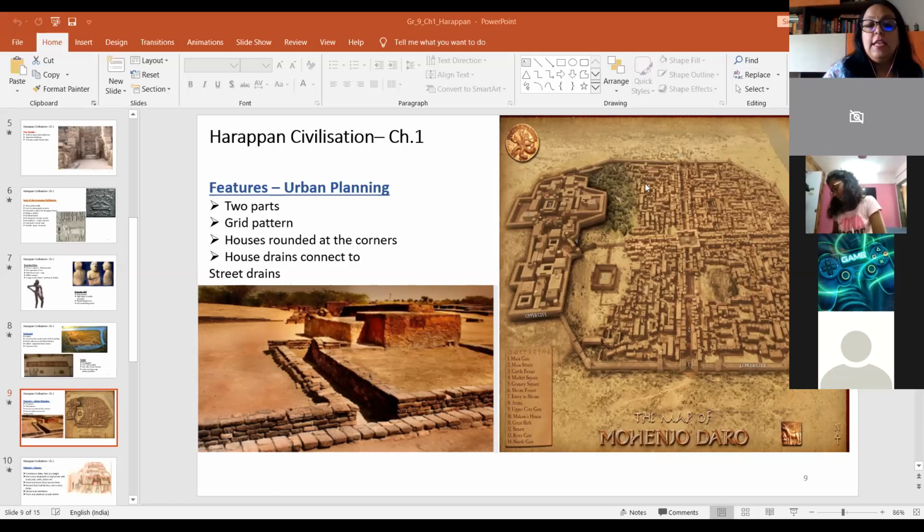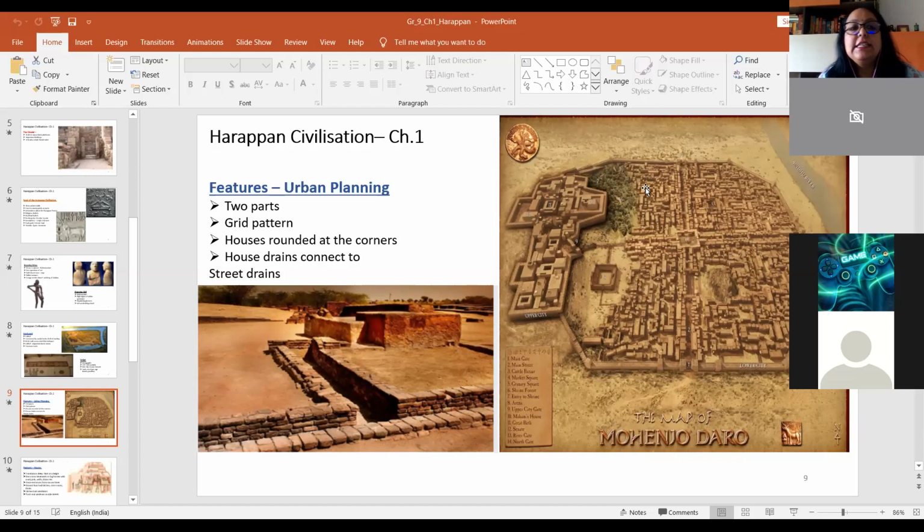Okay. In our last class, we discussed all the sources of the Harappan civilization, correct? The great bath, citadel, seals, dancing girl, bearded man, the dockyard, and the script of the Harappans.